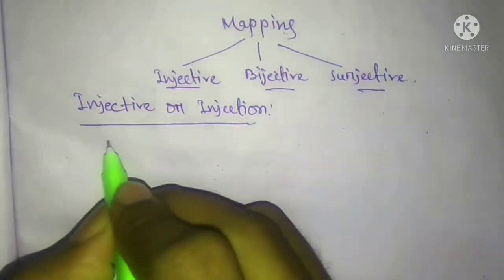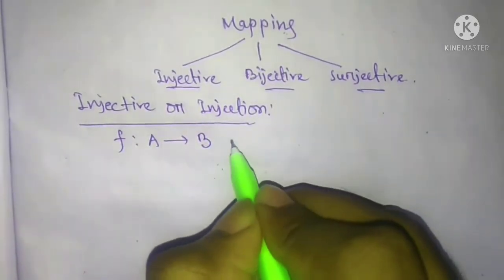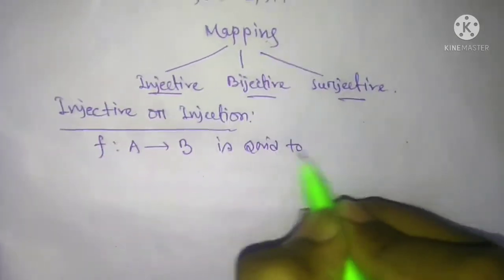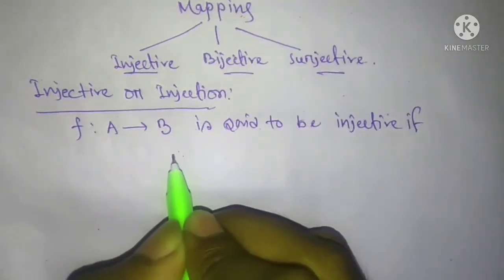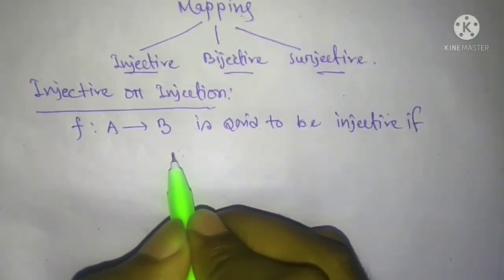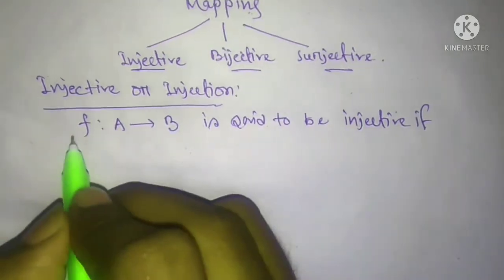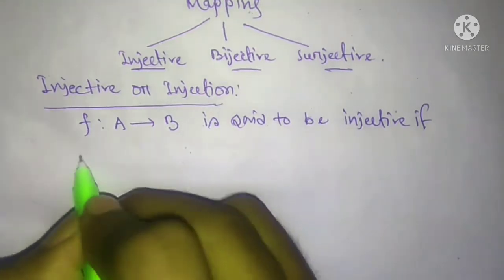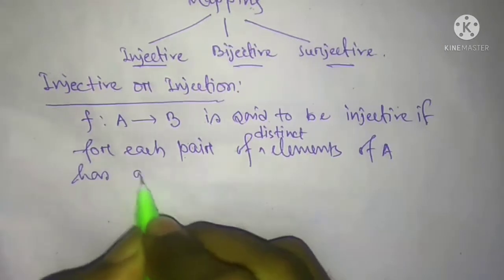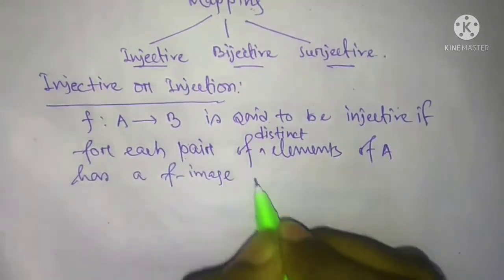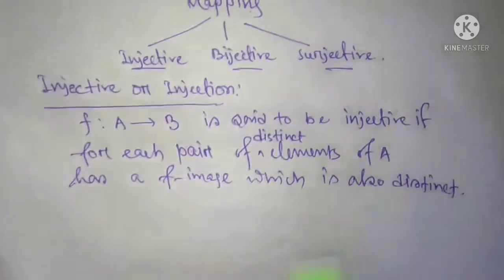A mapping f from A to B is said to be injective if for each pair of distinct elements of A, their images are also distinct.